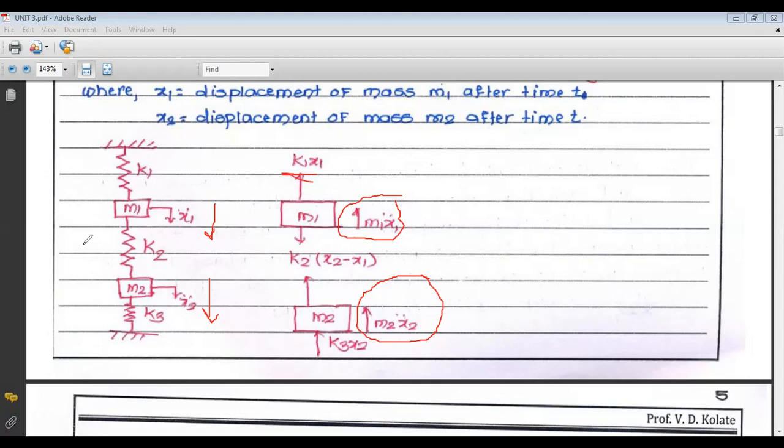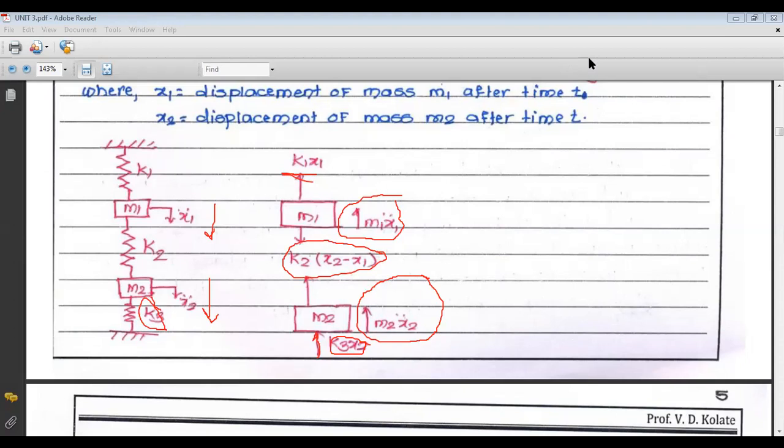Then K2 into x2 minus x1 is the spring force of spring K2: for the first mass it is in downward direction, and for the second mass it is in upward direction. And K3 x2 will be the spring force for the third spring. Because of compression, the force is in upward direction.